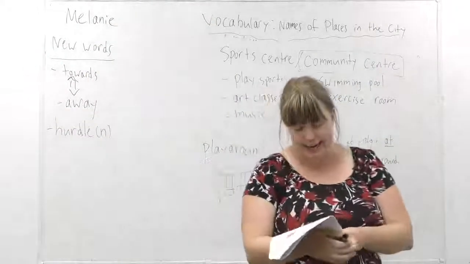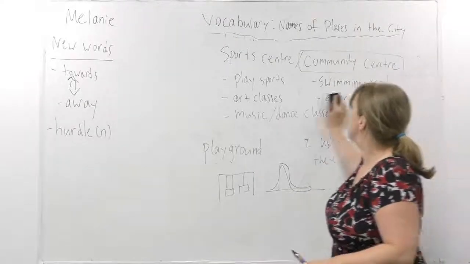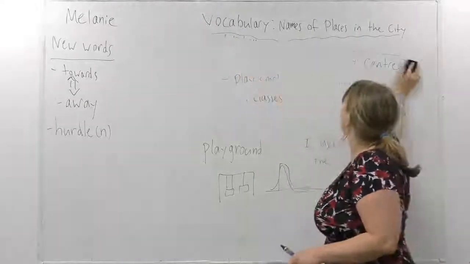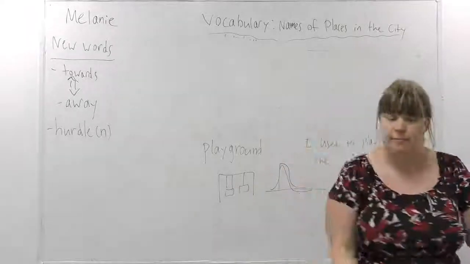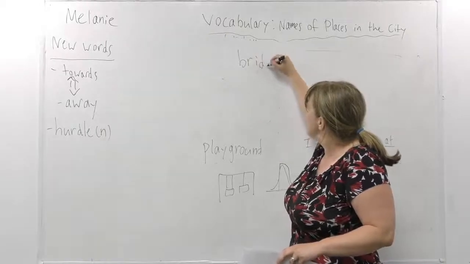All right, and next, what do we have? We have a bridge. Okay, almost done, guys. Almost done this vocabulary. Bridge. Okay, what is a bridge?